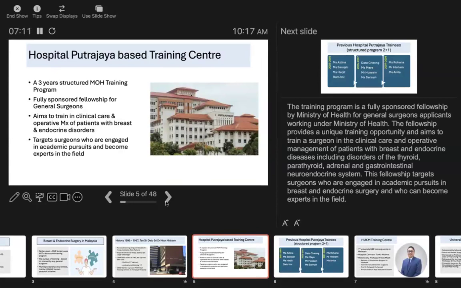The fellowship provides a unique training opportunity and aims to train a surgeon in clinical care as well as operative management of patients with breast and endocrine diseases, including disorders of the thyroid, parathyroid, adrenals, as well as the gastrointestinal neuroendocrine system. The fellowship targets surgeons who are already engaged in academic pursuit of breast and endocrine surgery, and who will become experts in this field.